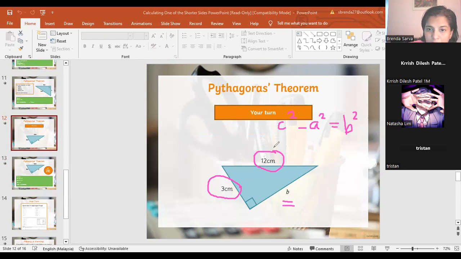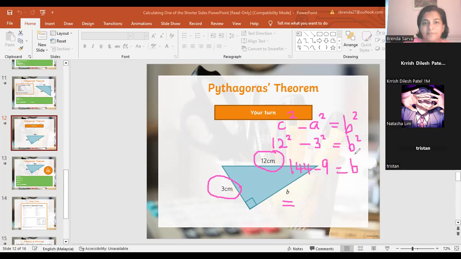So 12 squared minus 3 squared gives B squared. 12 squared is 144, 3 squared is 9. Find it in your calculator: 144 minus 9 is 135.